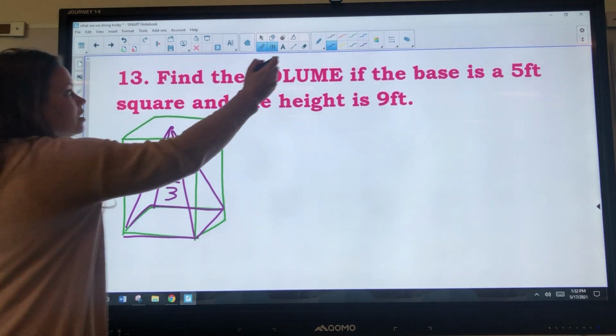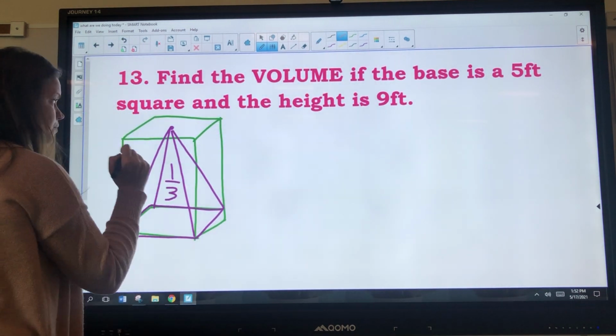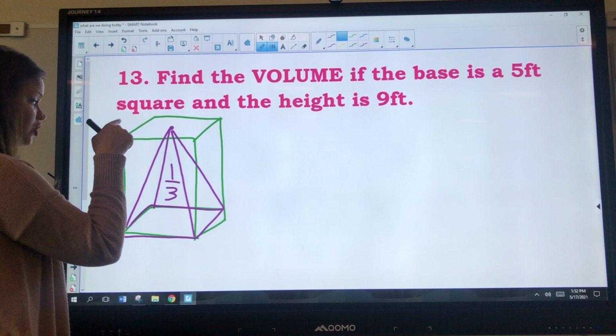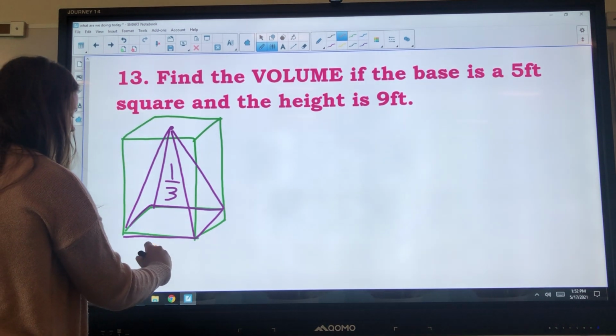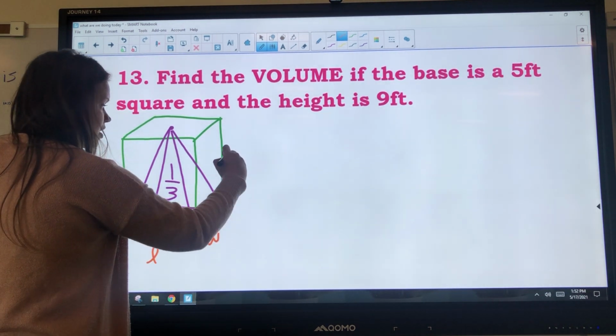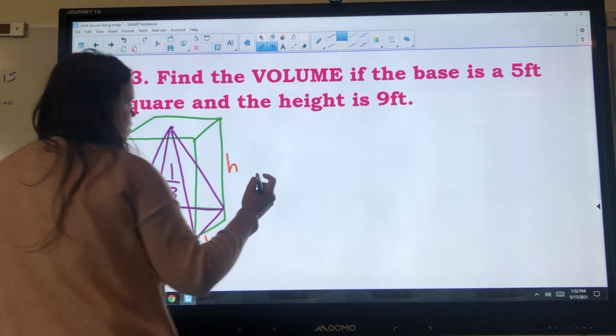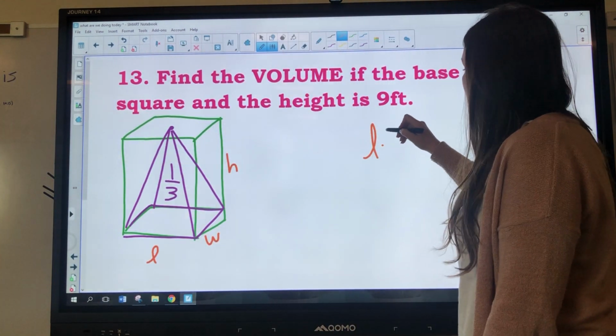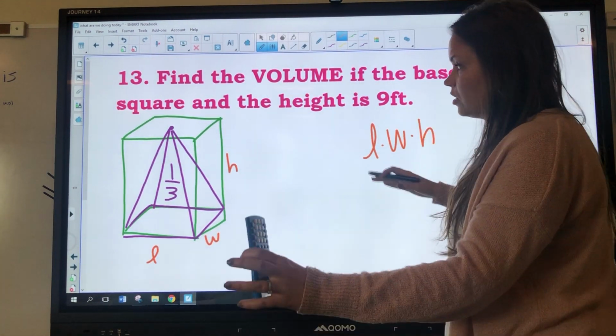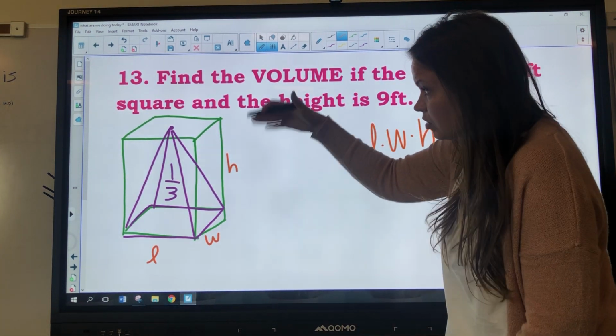So because the formula for a rectangular prism is length times width times height, you are going to do length times width times height and then divide that by 3 to get the pyramid.